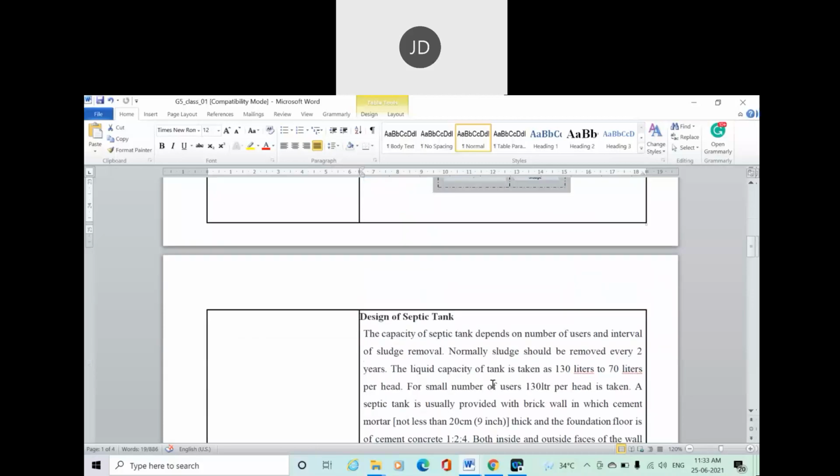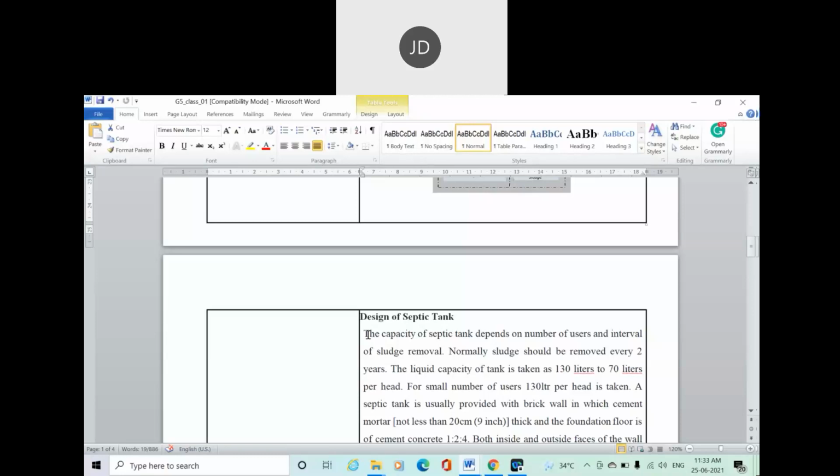Let's go for the design of a septic tank and discuss its different components. Before designing a septic tank, we need to know its capacity. The capacity depends on how many members are going to use the septic tank and the life of the septic tank.